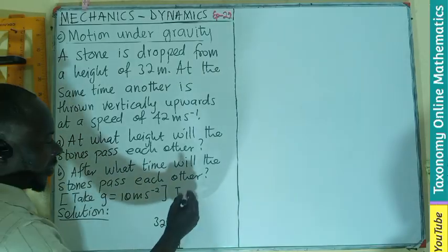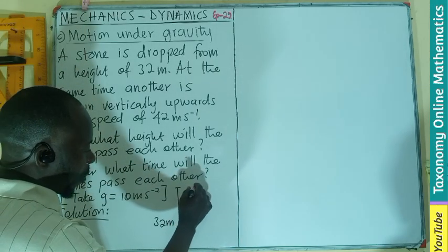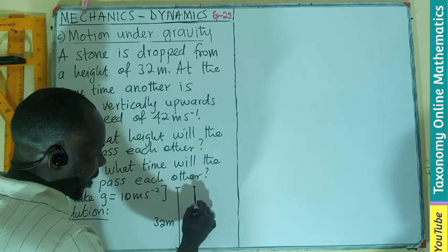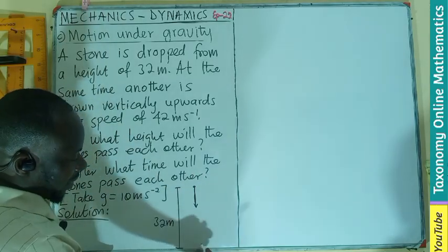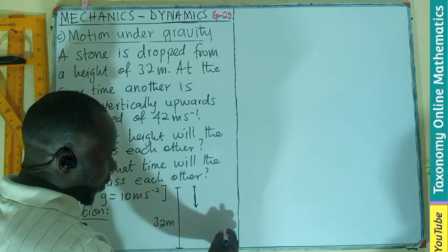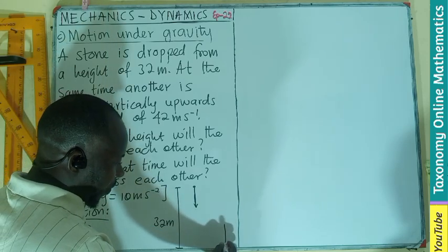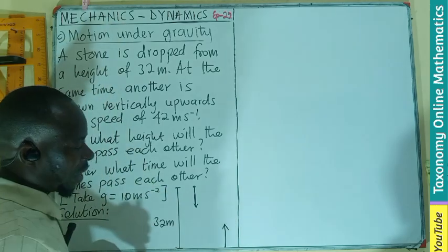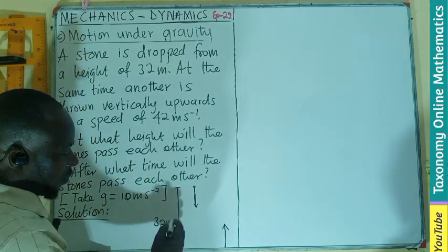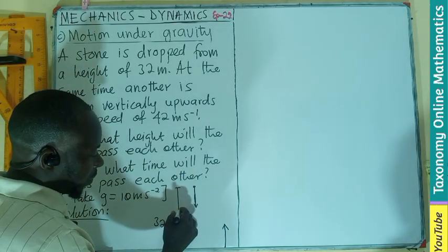And at this point, a stone is going to drop. And another stone from the ground is also going to be projected, right? So a stone dropped and a stone up. We are looking for this distance.